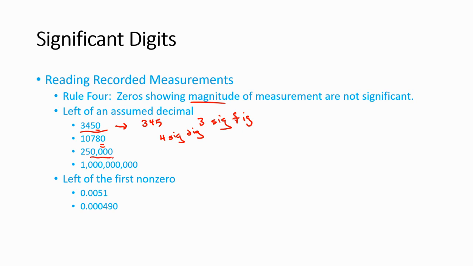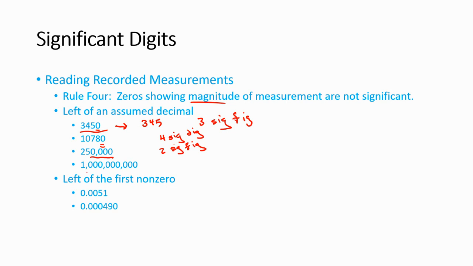We have 4 zeros at the end of the number. All are to the left of an assumed decimal place. All are showing us that this is a number in the hundreds of thousands. All are not considered to be significant. 250,000 only has 2 significant digits.